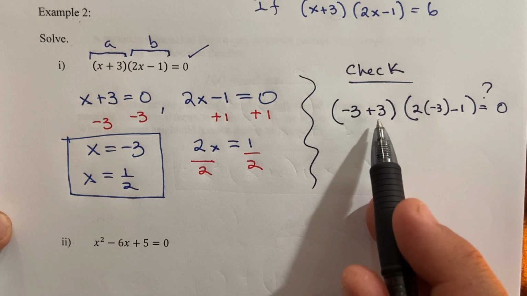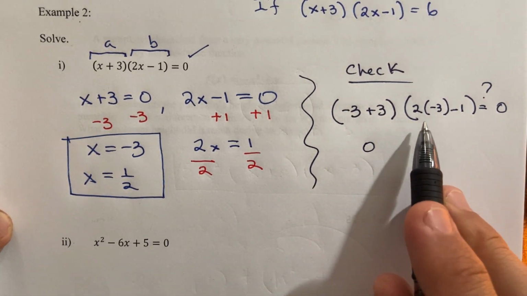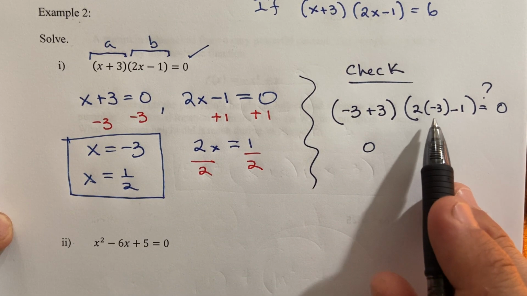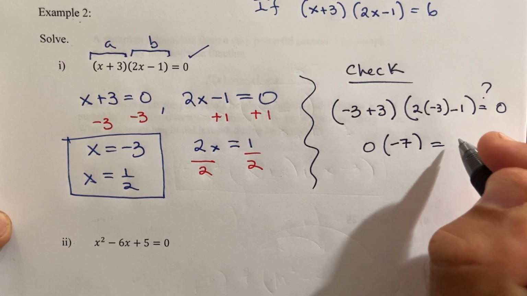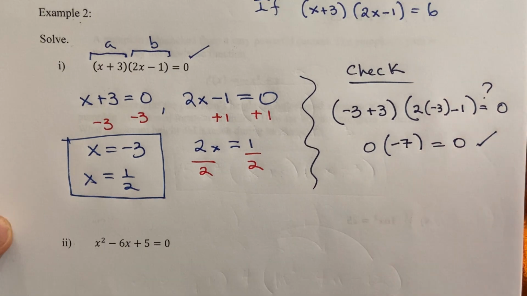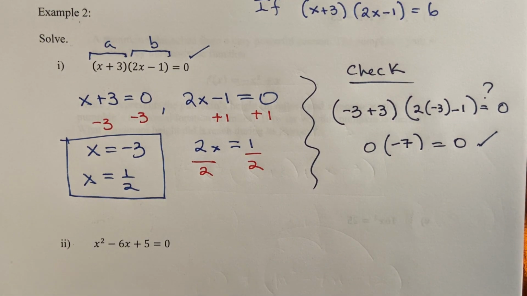So -3 plus 3, 0. 2 times -3, -6, minus 1, -7. So we have 0 times -7, and yeah, that is equal to 0, right? We just need a 0 in at least one of those spots.